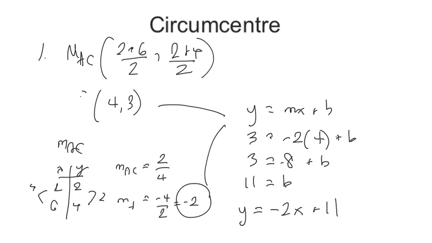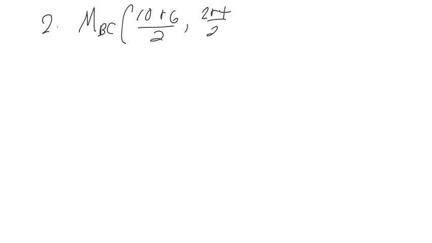Alright, let's do that again with, what are we doing this time? BC, right. Okay, so again we're going to figure out the midpoint of BC, and again, using the numbers that we had on the previous slide, B is 10, 2, so we're going to have 10 plus 6 divided by 2, and 2 plus 4 divided by 2.